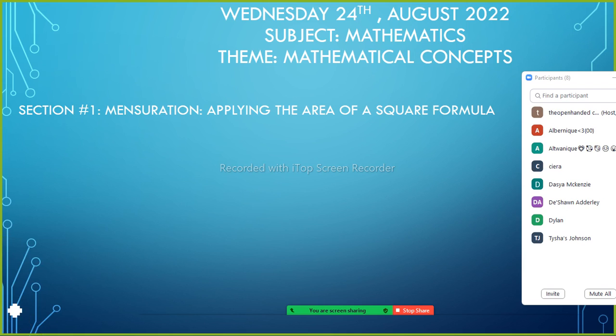So if we have a square, say, so area of a square formula.